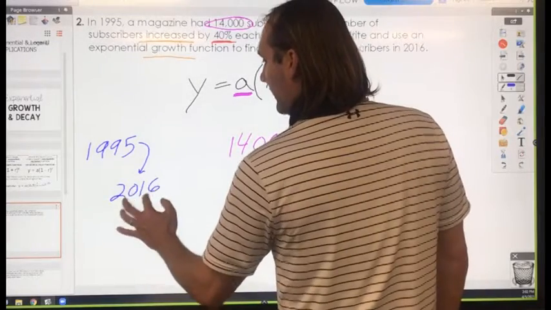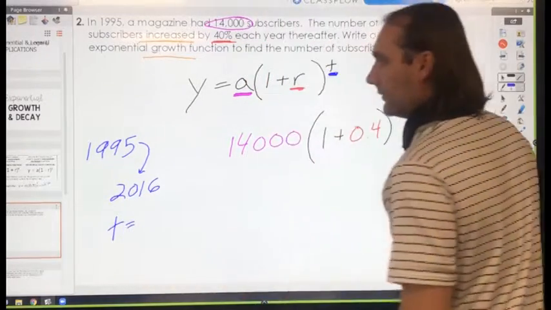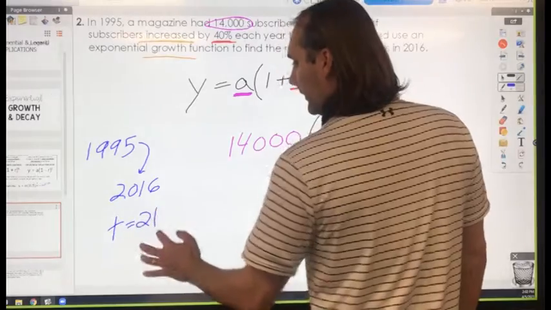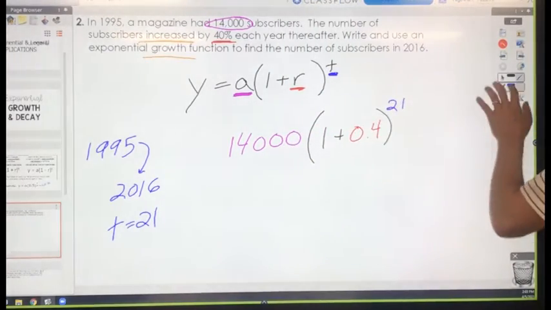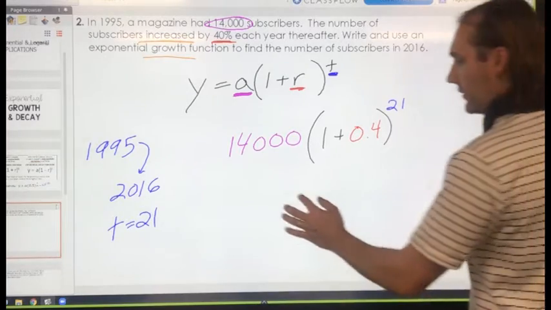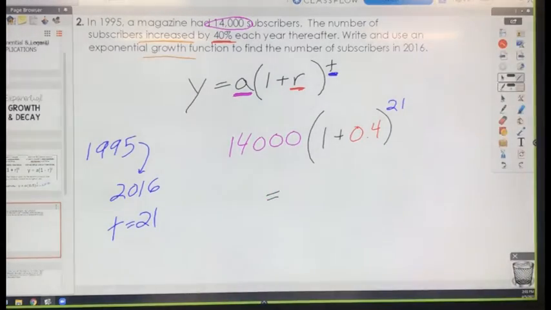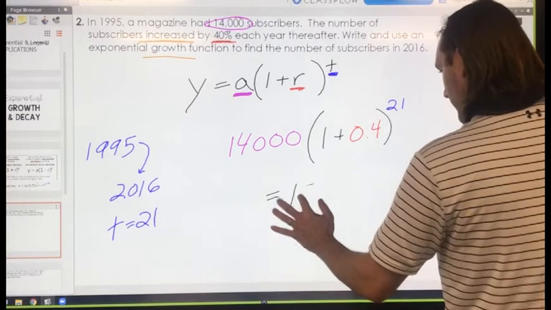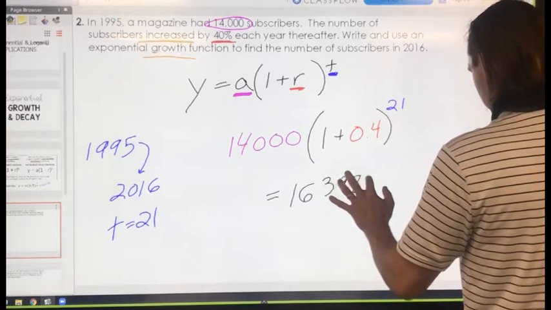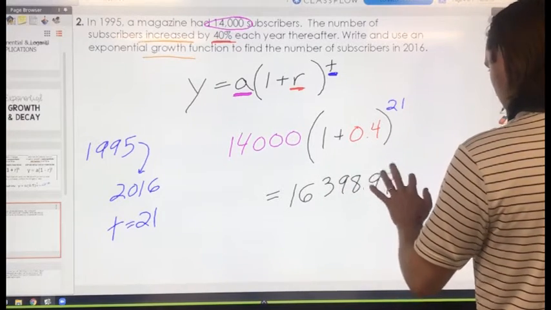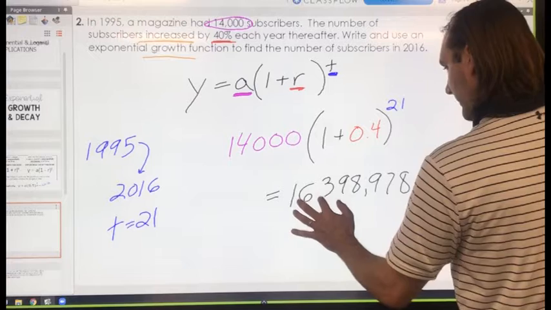How much time has elapsed? 21. Yep. 21 years. So t is 21. Now you just want to plug this into your calculator. 16,398,978 subscribers.